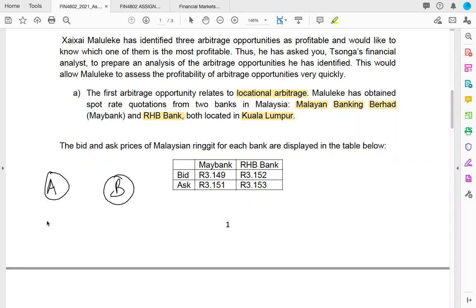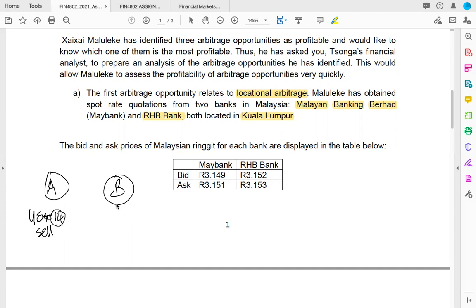Let's say you've got two banks in South Africa. Bank A is prepared to sell you $1 US for 14 rand.